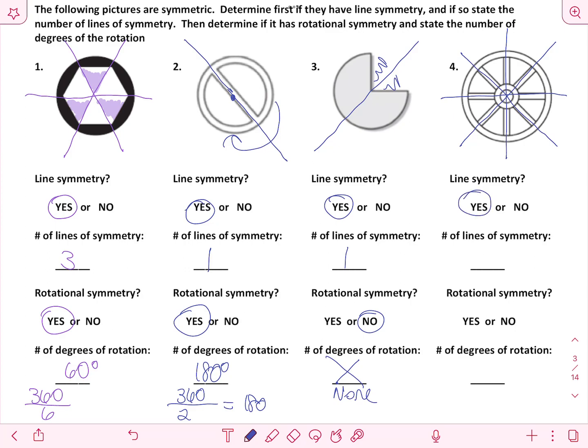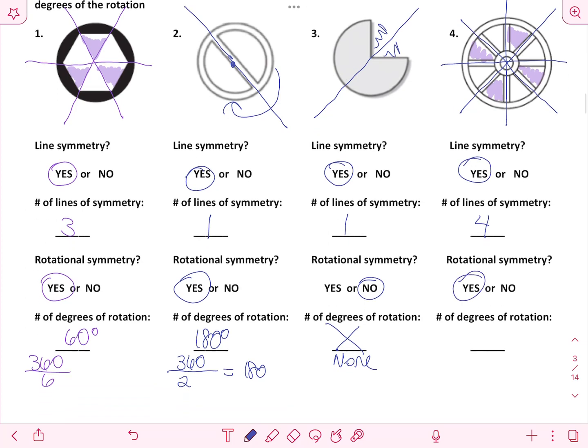All right, so yes, we have line symmetry. We have 4 of them. And just like with number 2, if you notice, it's broken up into all these equal pieces. Like if I were to divide this apart, it would be the same thing. So we have 8 sections. So we're going to take 360 divided by 8, and we're going to get rotational symmetry of 45 degrees.